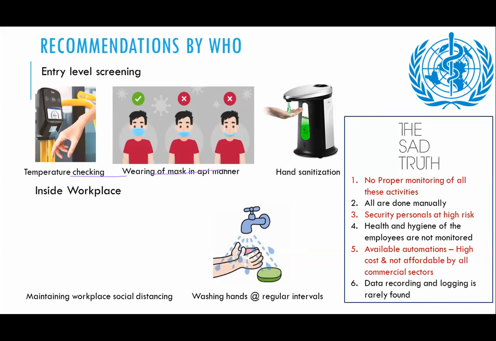As per the recommendation from the World Health Organization, the temperature needs to be checked, masks worn in an apt manner, hands sanitized, hands washed at regular intervals, and social distancing maintained in the workplace. So these are the recommendations by WHO.